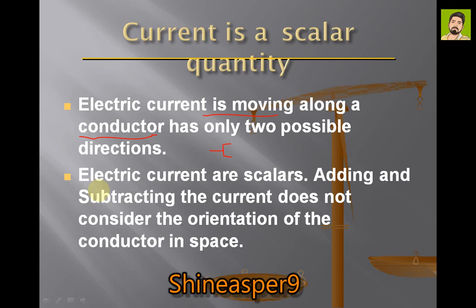Electric currents are scalars. Adding and subtracting the currents does not consider the orientation of the conductor in space. What does it mean that electric currents are scalars?